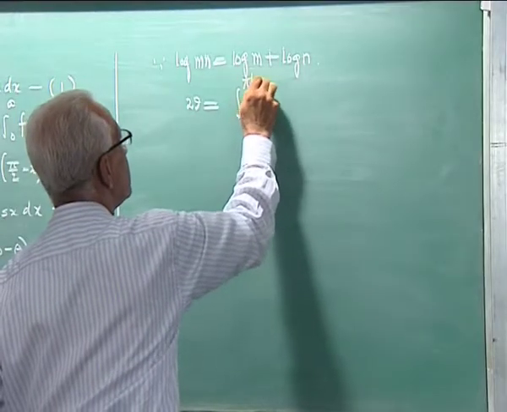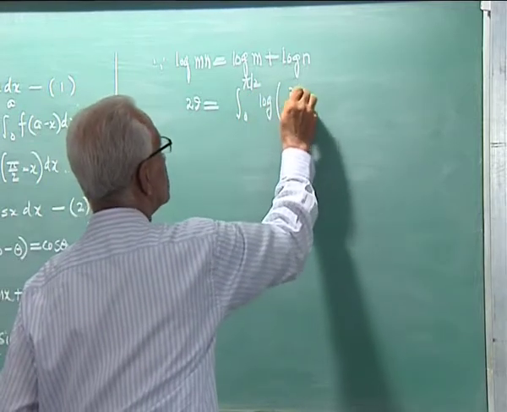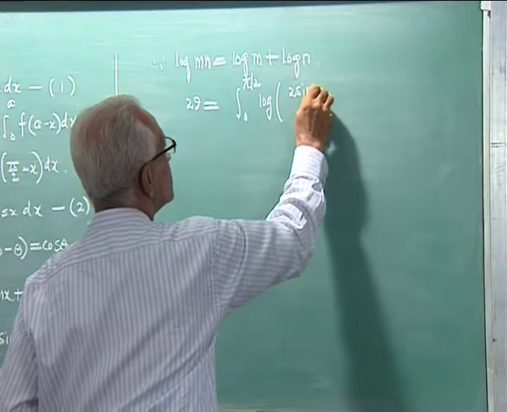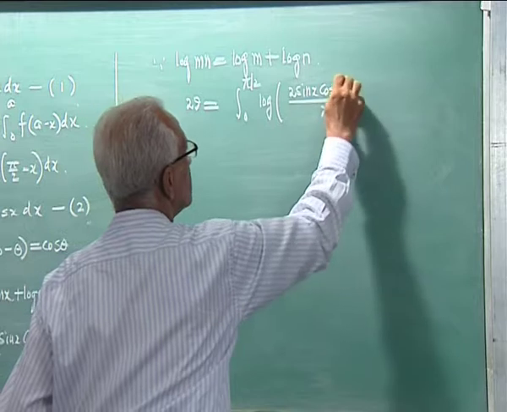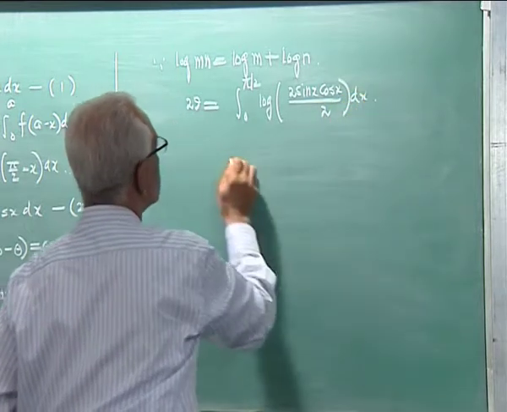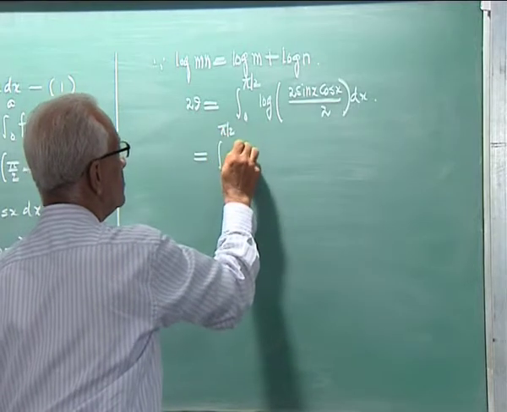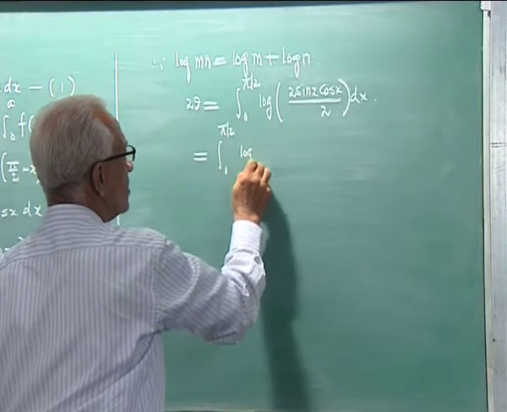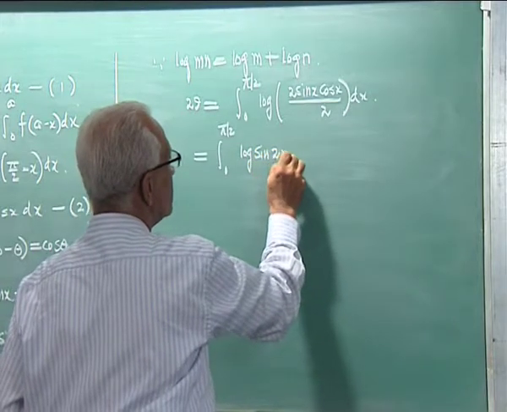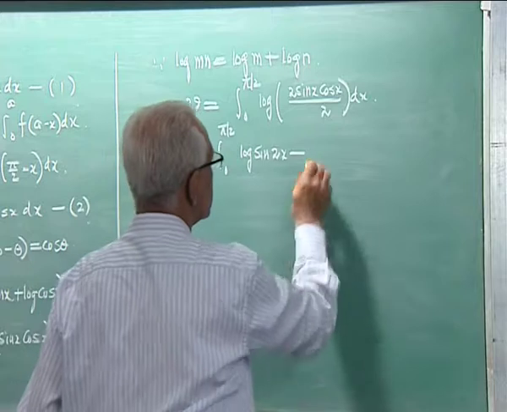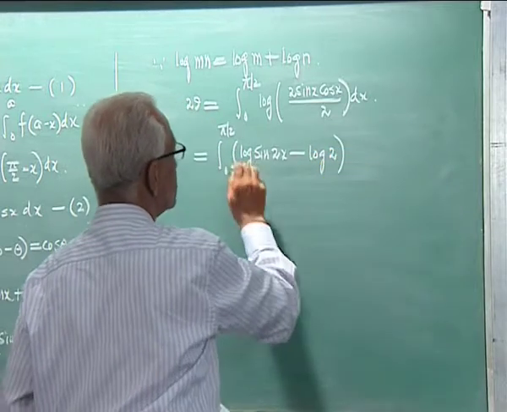So 2 times I is equal to 0 to pi by 2. Now I'll write it as 2 sin x cos x and divide by 2 as well. This is dx. So I get 0 to pi by 2 log of sin 2x, this is the formula we did earlier, minus log of 2, the whole bracket dx.